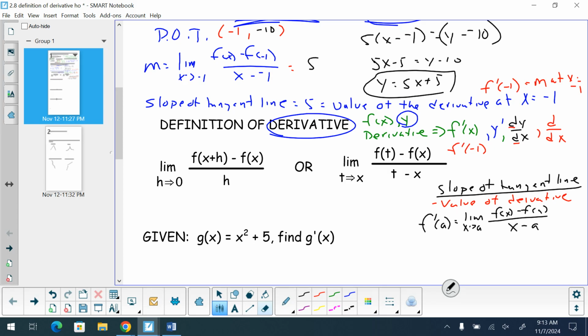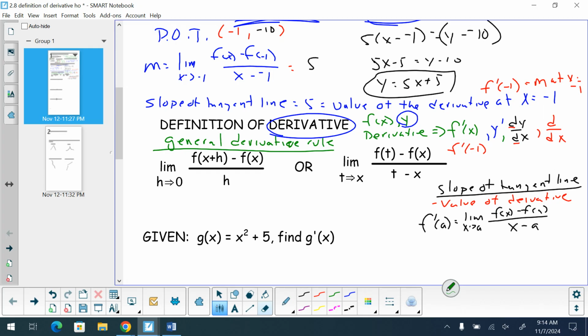The problem we run into is what happens if we have to find a bunch of slopes of tangent lines. What we want to be able to develop is a general derivative rule.